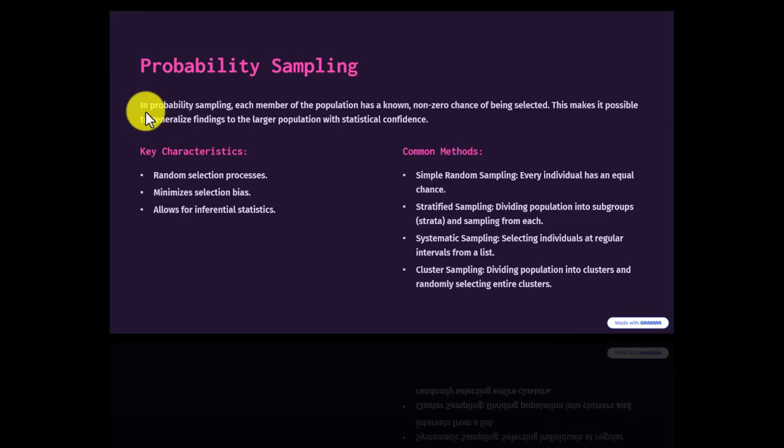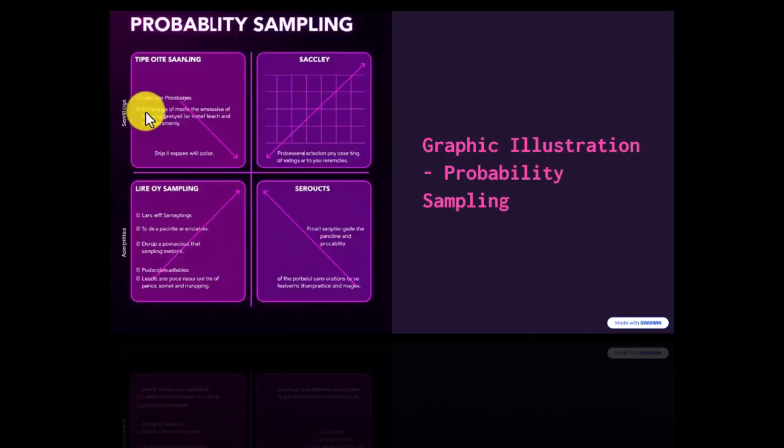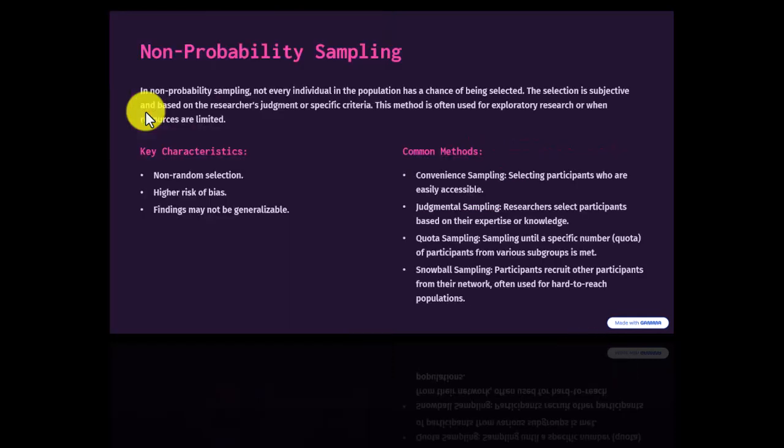The cluster sampling involves dividing the population into clusters and randomly selecting entire clusters.